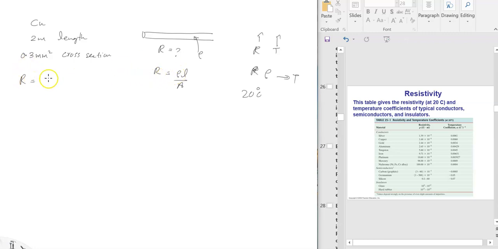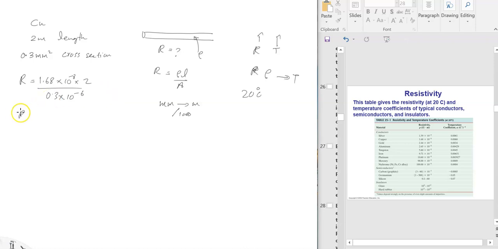Resistance equals resistivity for copper, 1.68 times 10 to the negative 8, multiplied by length 2, divided by cross-section area 0.3 millimeters squared. Millimeters to meters is divided by 1000, and millimeters squared is divided by 1000 twice, so we multiply by 10 to the negative 6, instead of negative 3.